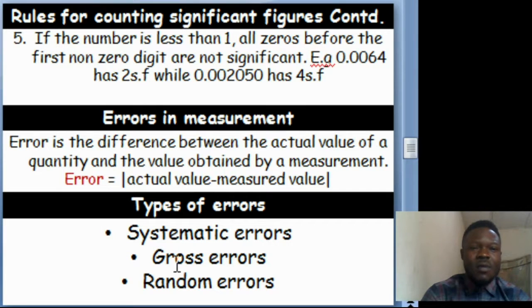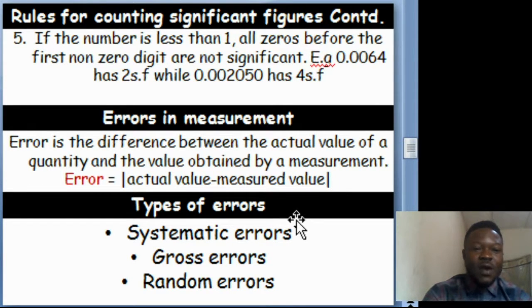It means that error is equal to actual value minus measured value. So you take the magnitude of that, or the absolute value, which means error is always positive. That is the meaning of the boundary bars that we put.